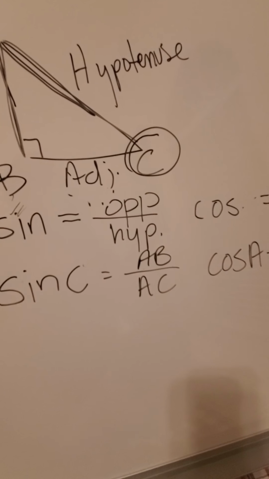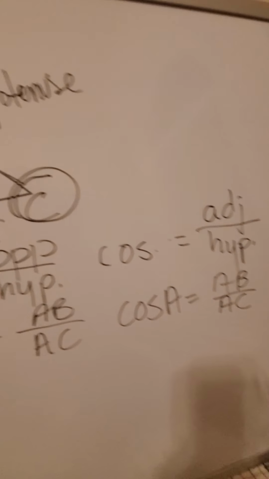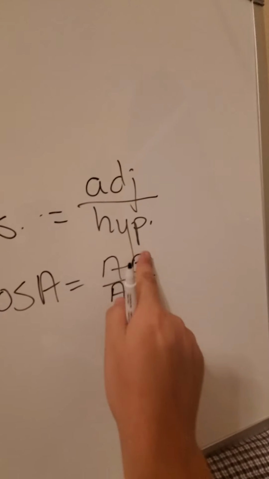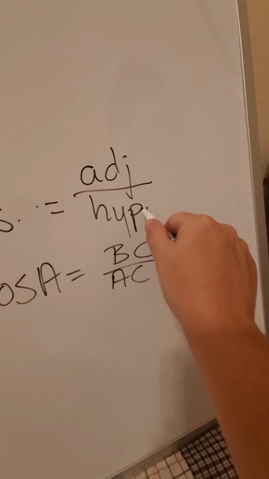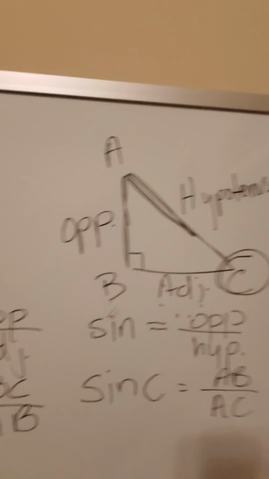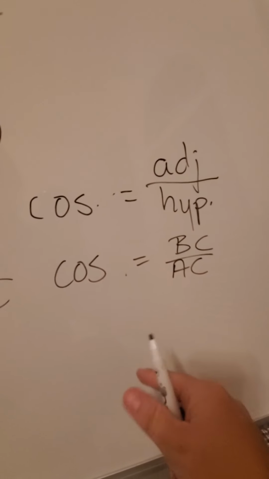And then over here, cosine, adjacent. Now adjacent is BC, so I'm going to have to erase this and put BC. But my hypotenuse is still AC. That has not changed at all. Let me change that to cosine of C so that makes sense.